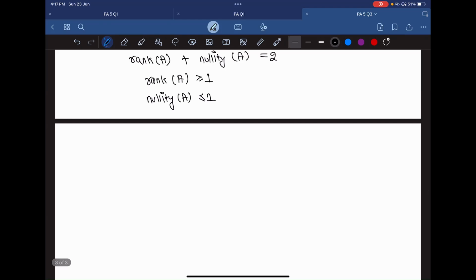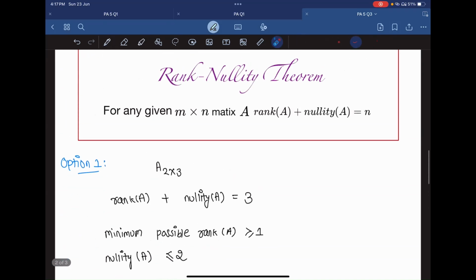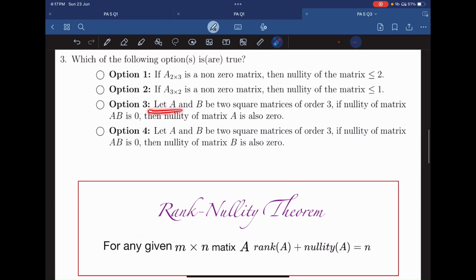Now let's look at options 3 and 4. Option 3 says let A and B be two square matrices of order 3. If nullity of the matrix AB is 0, then the nullity of A is also 0. While option 4 says let A and B be two square matrices of order 3.